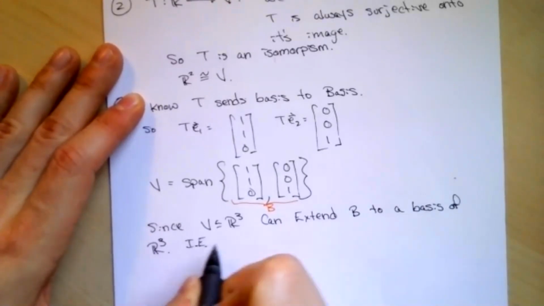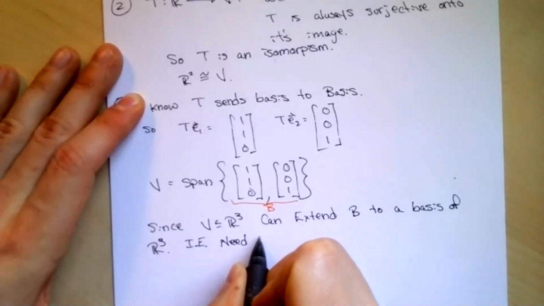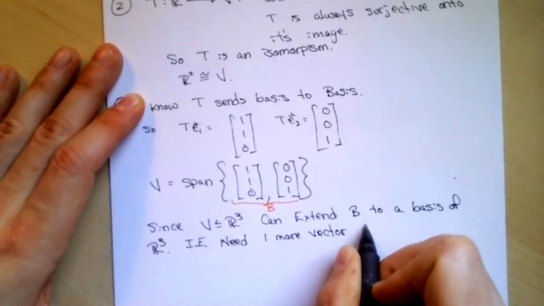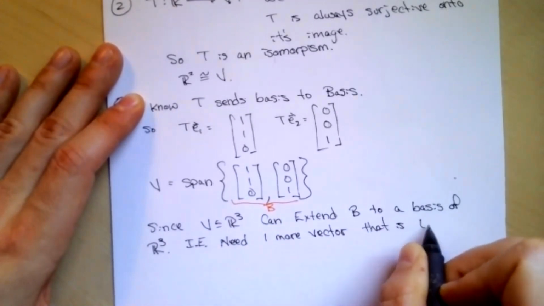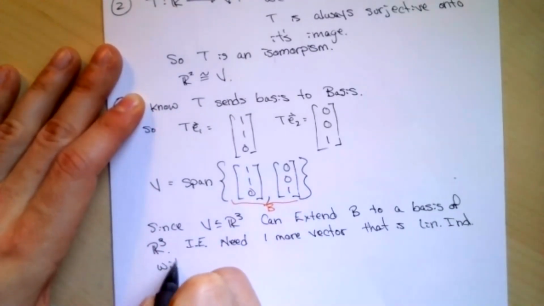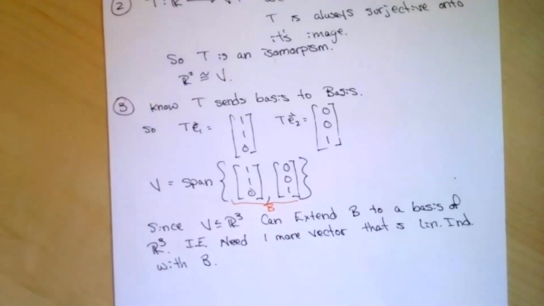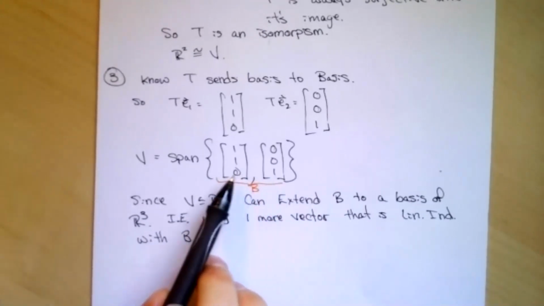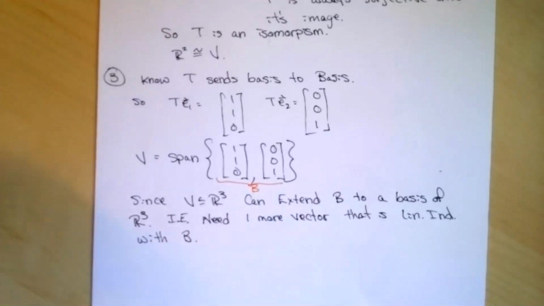i.e., we need one more vector that is linearly independent with the vectors in B. So this is where it could get kind of tricky, depending on what these column vectors are. Most of the time it should be easy enough. And this is actually kind of a little bit of free problem solving where answers are not necessarily going to be unique.